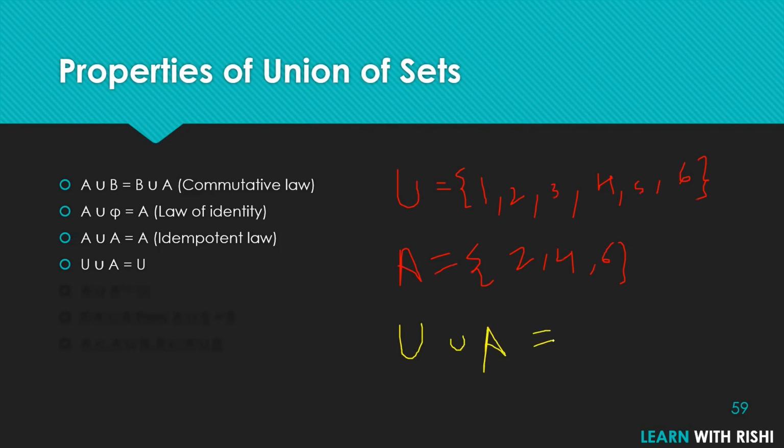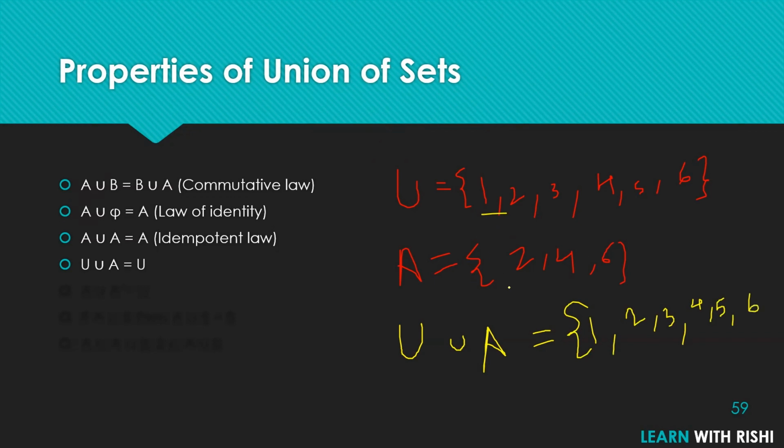What do you mean by union? Union means a particular set in which elements from both the sets will be present. So I will include all the elements from U and all the elements from A. First, the elements from U: 1, 2, 3, 4, 5, and 6.